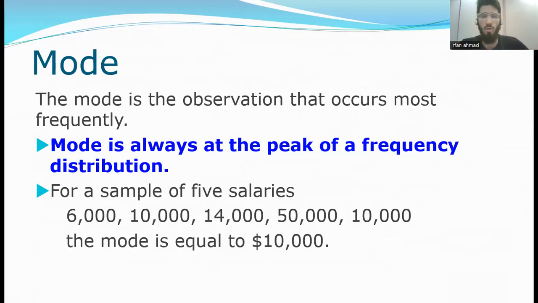For the mode, the most frequently occurring observation is called the mode. Mode is always at the peak of the frequency distribution. So as we know, it is the most frequent.